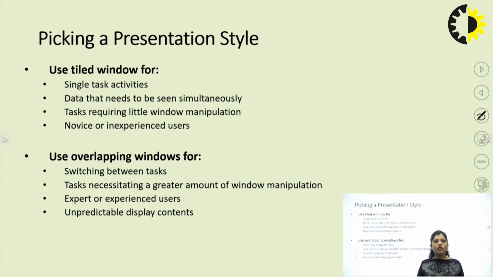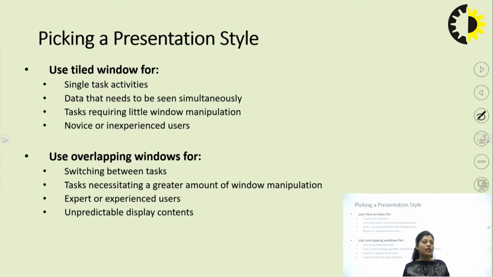Picking a presentation style. Here the user can understand which style they have to pick. Tiled window is used for single task activities. If you want to perform single task activities using only one window, then you can use the tiled window.